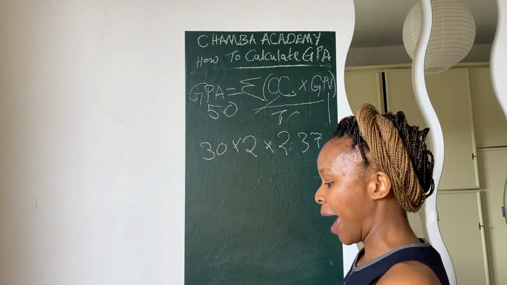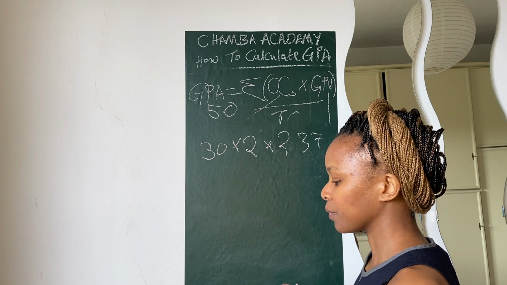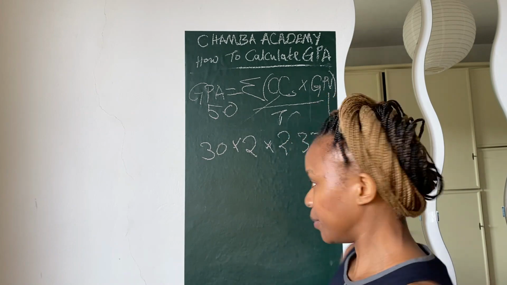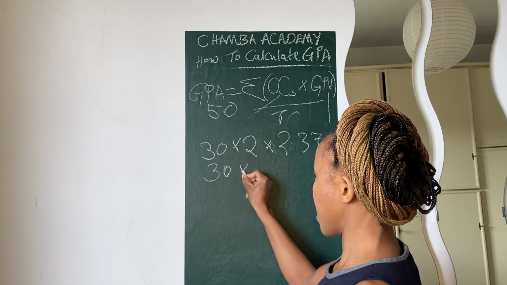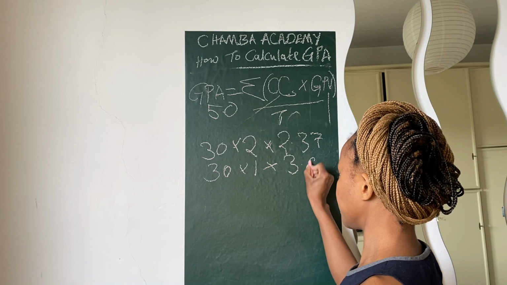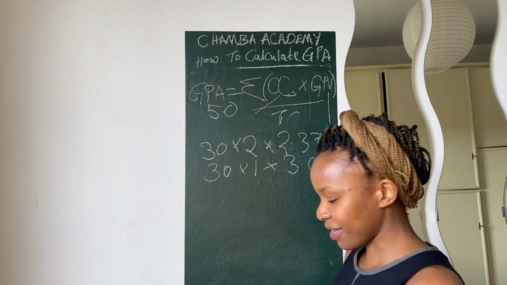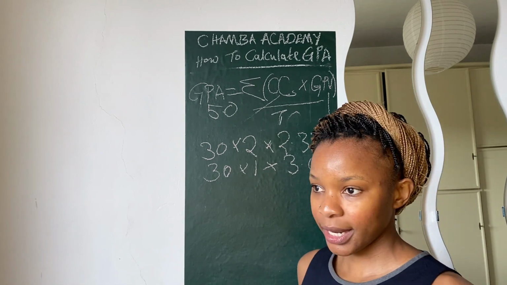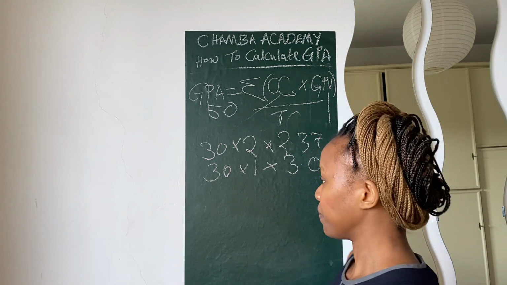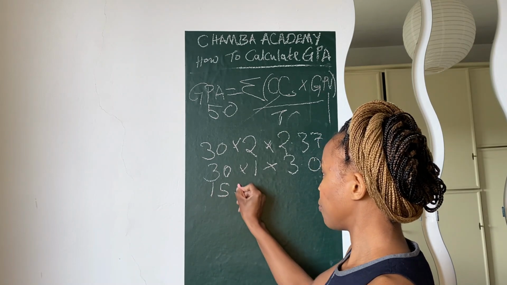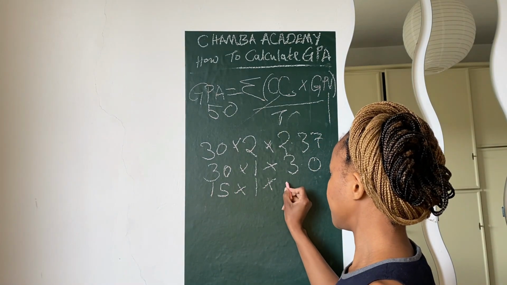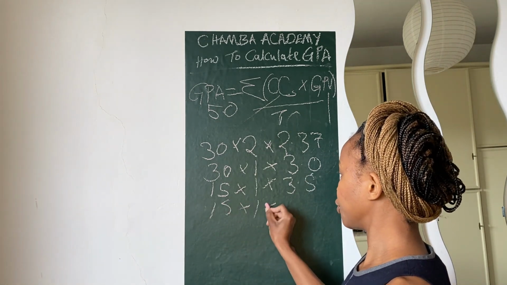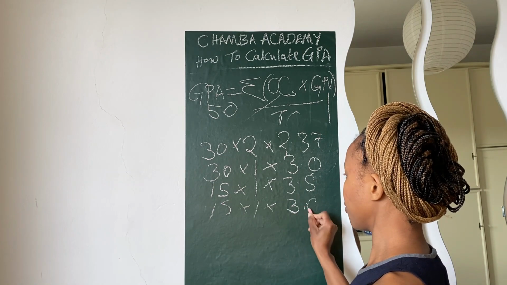And then in one full course I had a B, so that would be 30 by 1 by 3.0. And then in other courses, which were 2 half courses, I had in one a B plus and in another a B. So that will be 15 multiplied by 1 multiplied by 3.5 for a B plus, and 15 by 1 multiplied by 3.0 for a B.